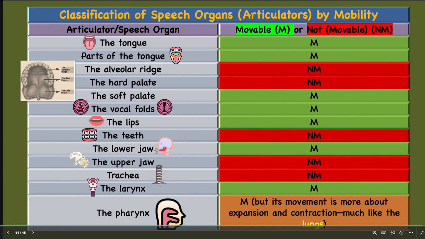Articulators are the organs in our vocal tract that contribute to the production of speech sounds. Understanding which of these are movable and which are not is crucial for comprehending how different sounds are articulated.